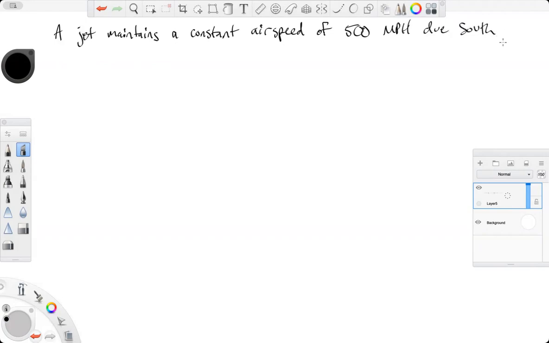And then the second part says the jet stream, or in other words, the wind, is 80 miles per hour north bearing 45 degrees east. So I'll write that down and then I'll explain what that is and what those directions are.